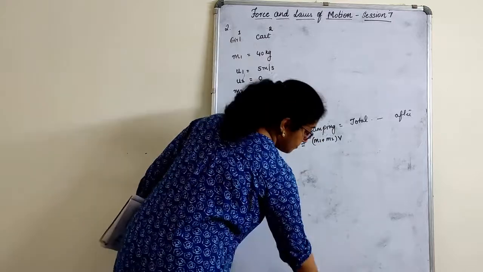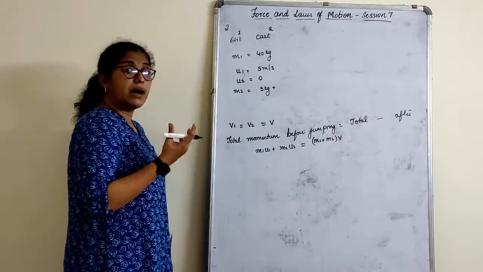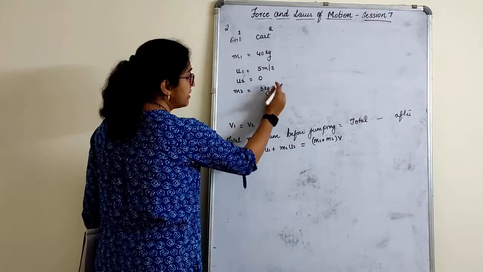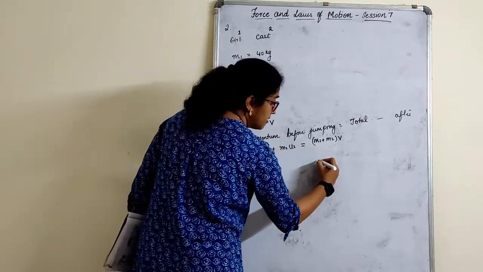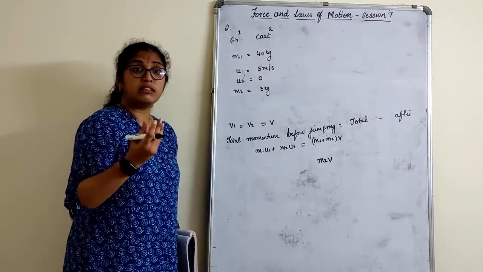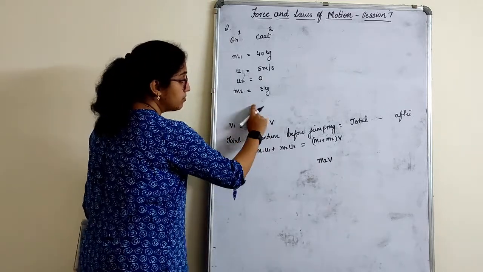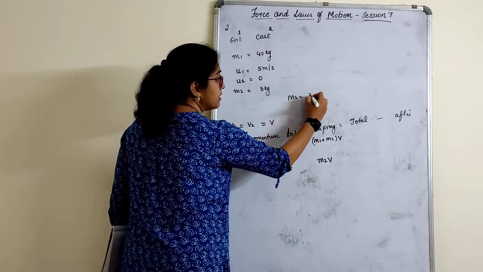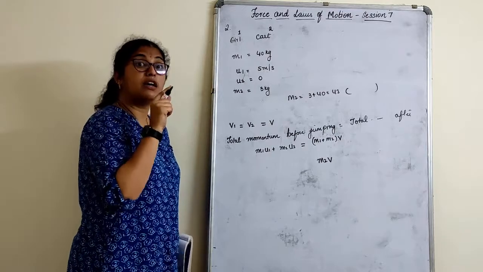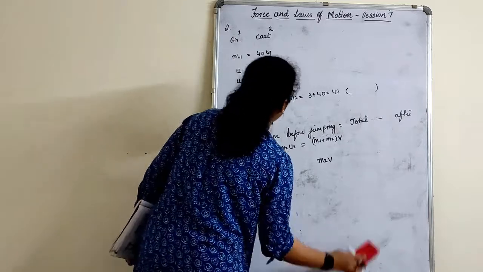Or directly you can write M2 of V, because M2 is nothing but the mass of the girl plus the mass of the cart. That time you should write M2 is equal to 3 plus 40, 43. But explain why. Don't get confused with these two things.